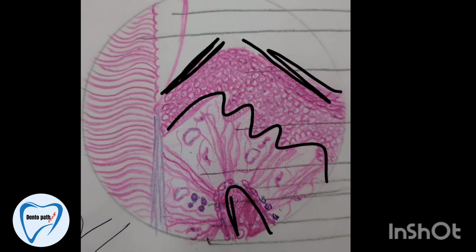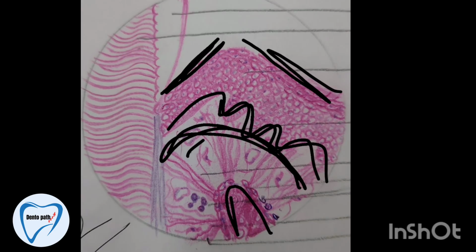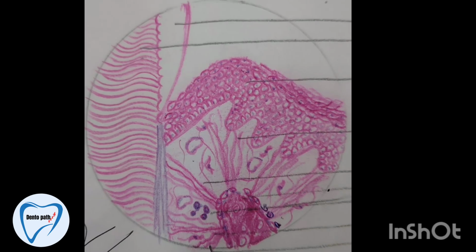So this is the papillary layer containing these projections, and this is the reticular layer where the periosteum of the alveolar bone is continuous. But gingival fibers, we can see here also, these are the fibers.